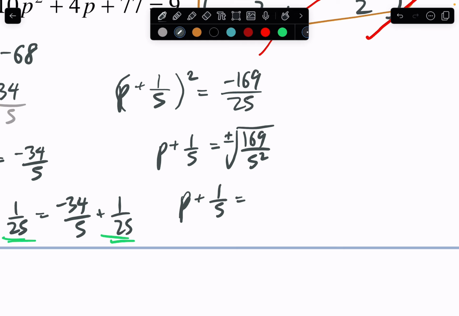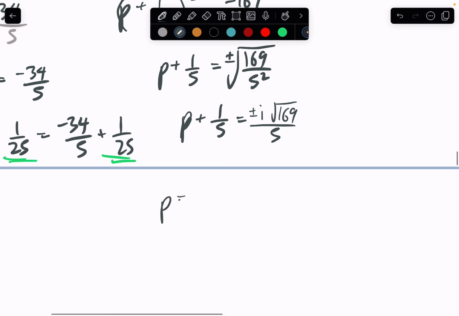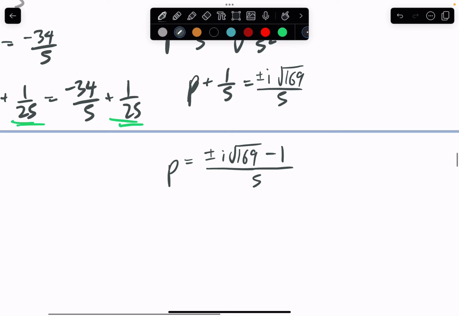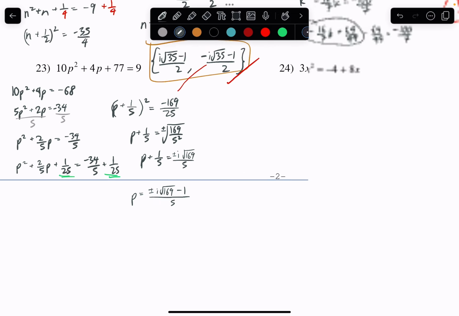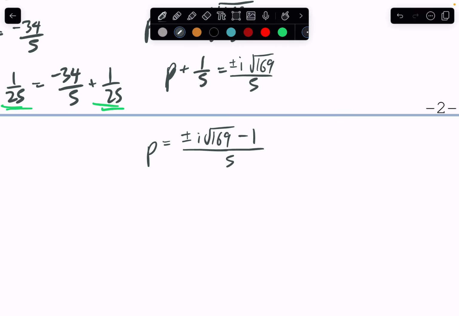What's next? Plus minus i square root of 169 over 5. Transpose 1 over 5 to the right side. Minus 1. What number is this? 23, right? Okay.